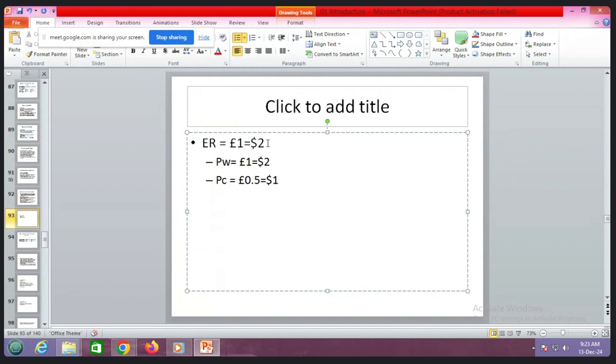That means if the wage is $6 in US, it is equal to 3 pounds in UK. That means it is 1/3. Okay, there is a difference of 1/3 in dollar terms.